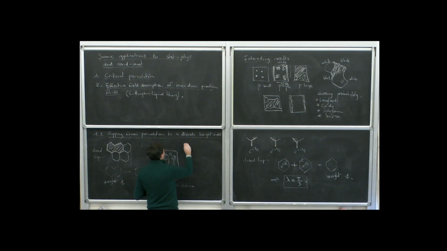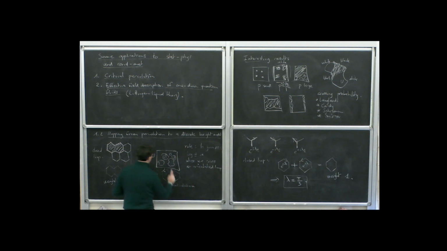The rule to map a configuration of oriented loops to a configuration of a discrete height is that h jumps by some amount plus or minus a every time we cross an oriented loop, and the plus or minus depends on the orientation.